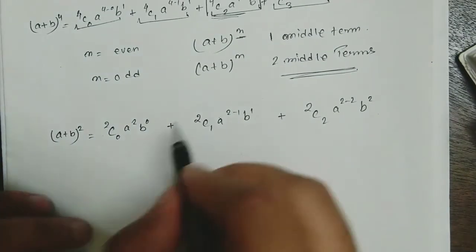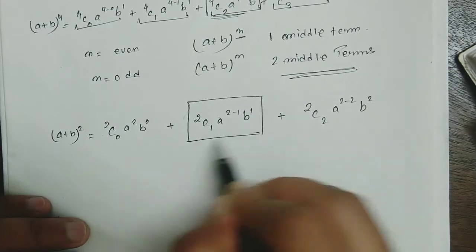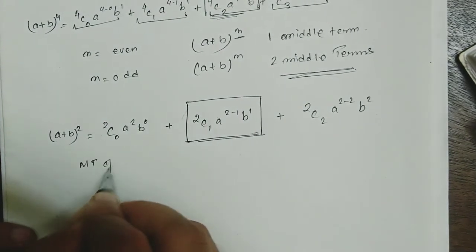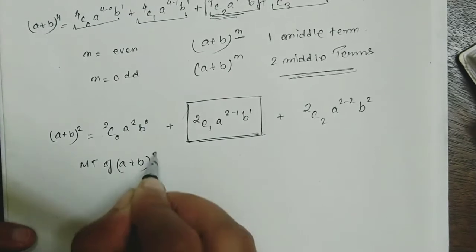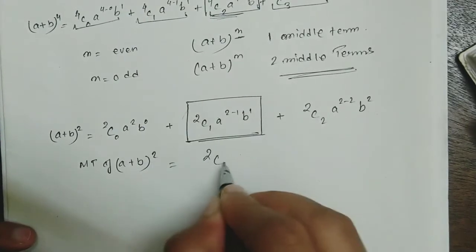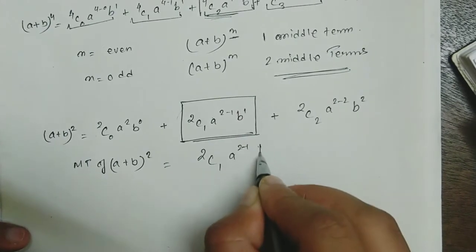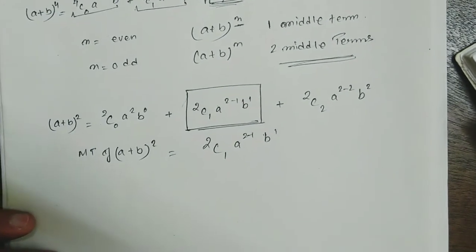This is the middle term we are concerned with. So the middle term of (a plus b) whole square equals 2c1 a^(2 minus 1) b1.